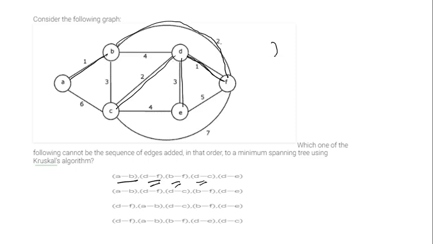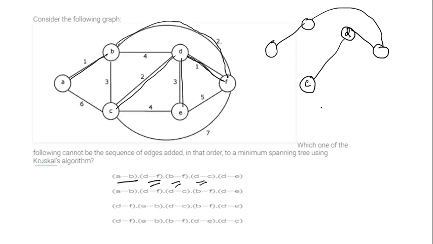Okay, so the situation is something like this. And then this, and then this. This is D, and then this is C. And then this is E. So this is 1, this is 2, this is 1, this is 3, this is 2.